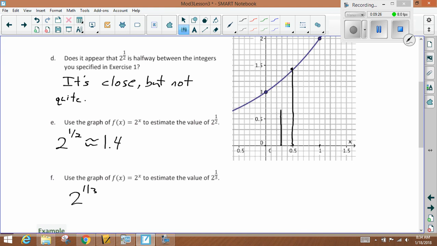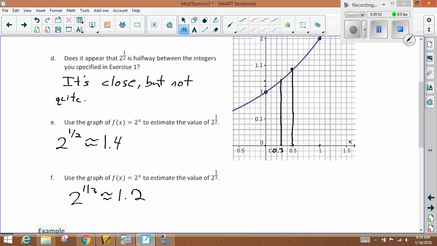And we'll look at what f of x is when x is 0.3. And it looks like that's going to be 1.12. Something like that, right? It looks like it's approximately 1.1. 1.2. I don't know why I said it.